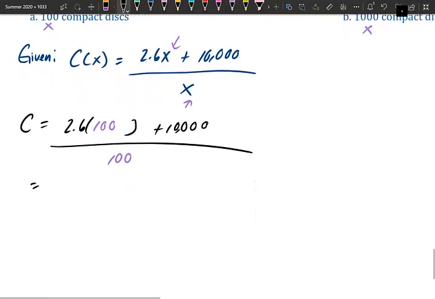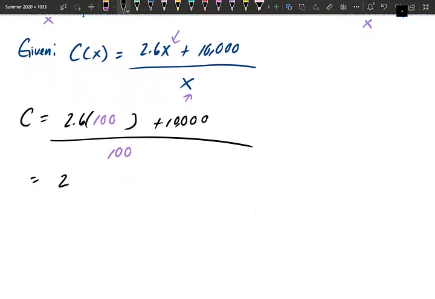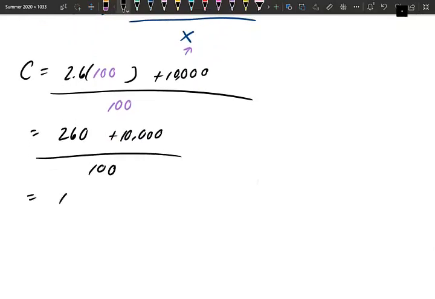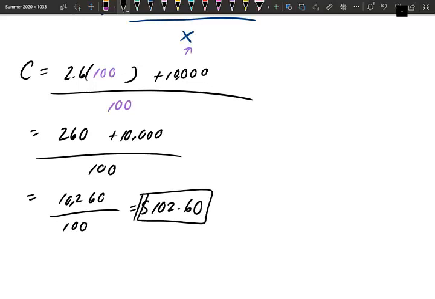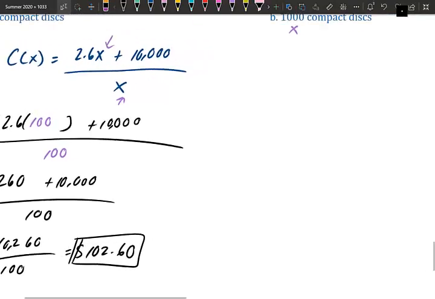So 2.6 times 100 is 260, plus 10,000 over 100. Combine like terms on top, so we get 10,260 over 100, and that is 102.6. So it cost $102.60 to produce 100 compact discs.